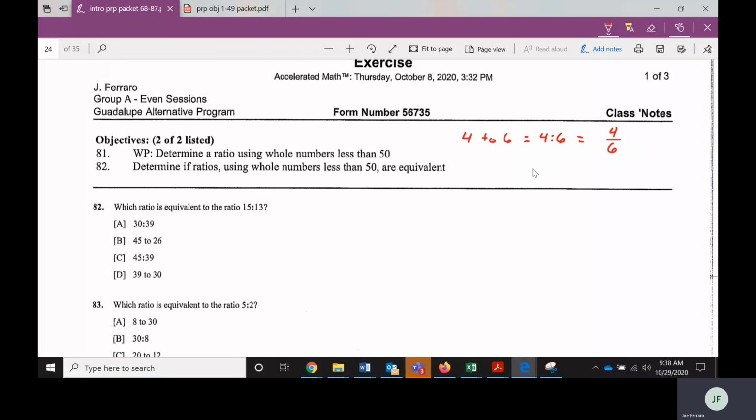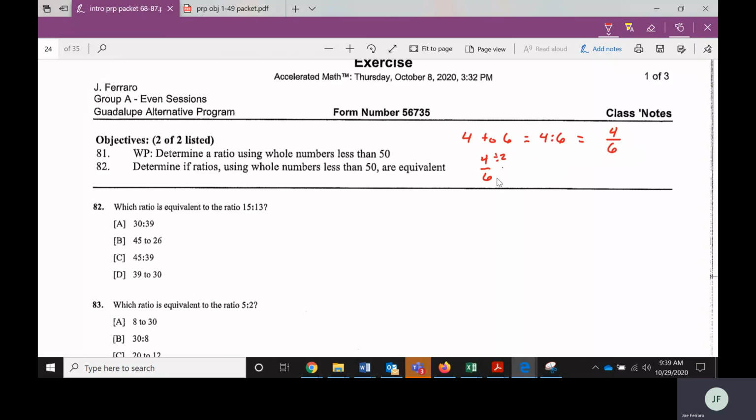Also, ratios can be simplified. So if we had the ratio 4 to 6 as written in any of these three forms, if it said to simplify a ratio, you would want to write it in the fraction form. And then you try to simplify the fraction. So you're looking for a number that goes into both of these. 4 and 6 are both even numbers, so 2 goes into both.